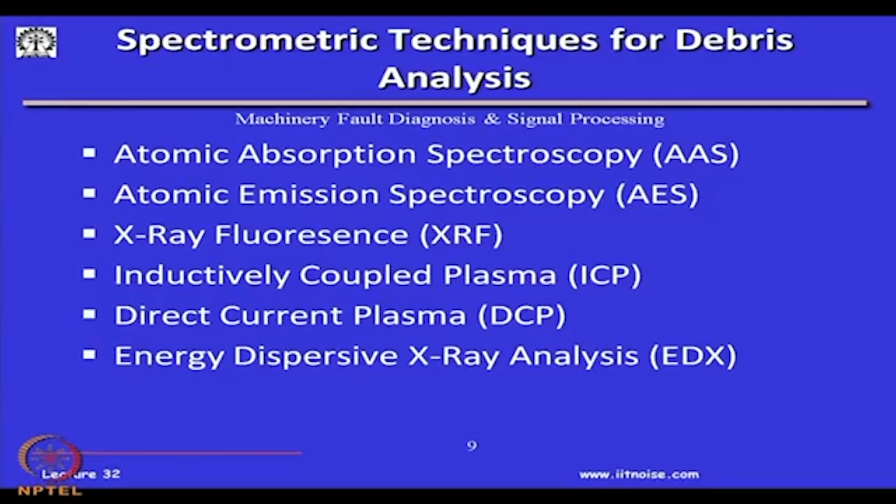But to know the condition of the machine, the oil collected from the gearboxes or pumps, etc., has to be sent to a centralized laboratory, wherein the laboratory people can do the analysis using this sophisticated equipment. I will just tell you briefly about one of them, the atomic absorption spectrophotometer.